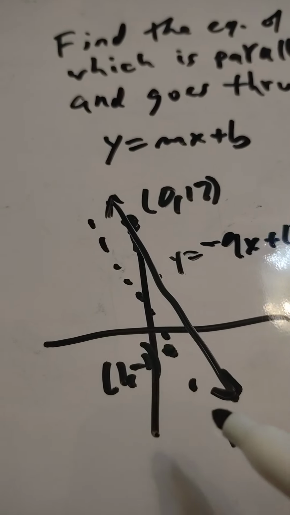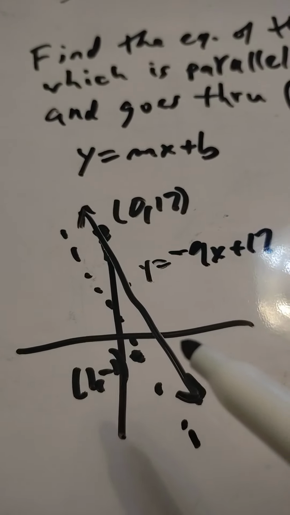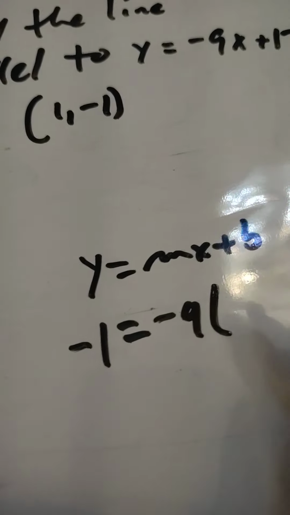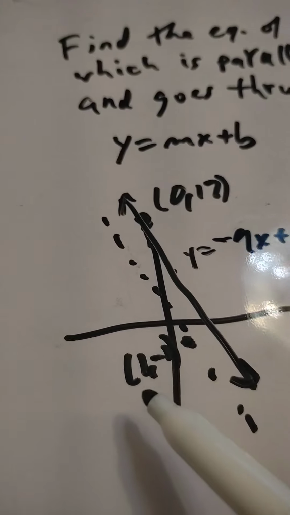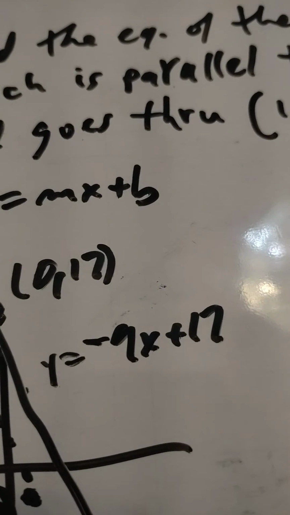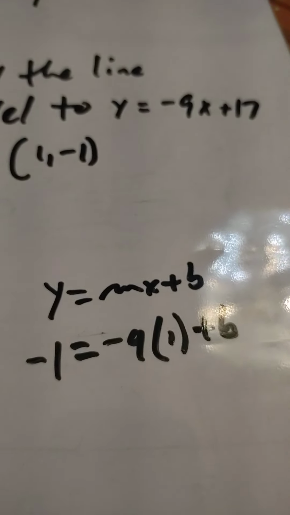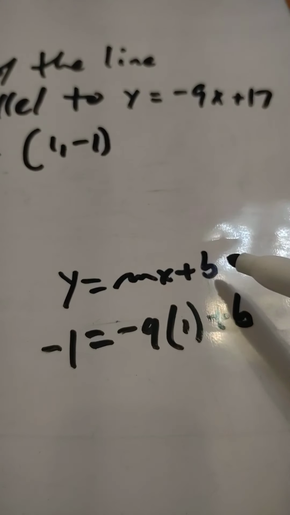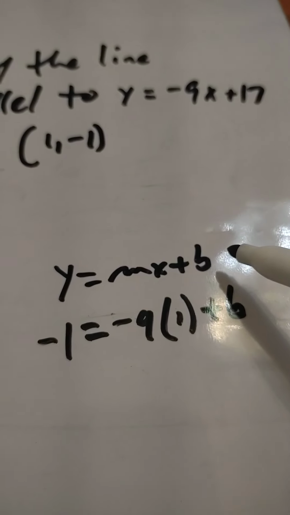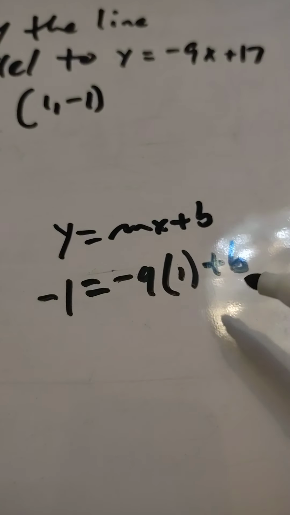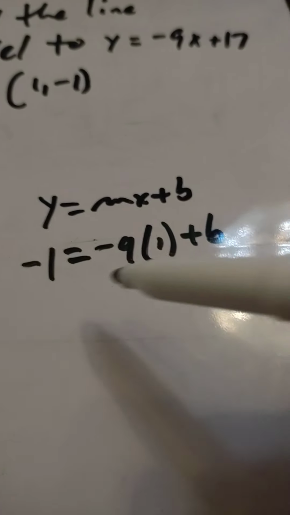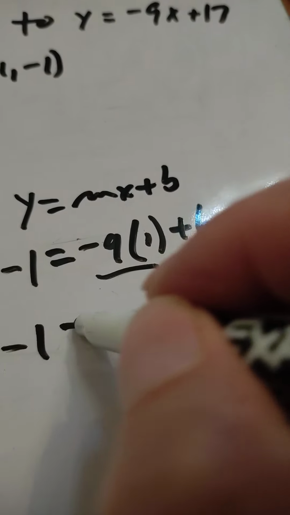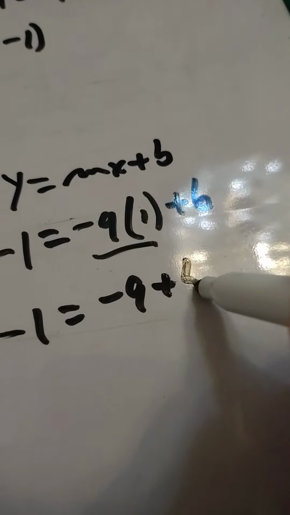What's the slope of this dotted line? It's the same slope as the given line, -9. So I'm going to write negative 9. What is x going to be? The x-coordinate, which is 1, plus b. Notice I wrote down the beautiful slope-intercept form of a line. It's a good thing to lean on. First step, fill in for all the variables but b. Next step, immediately multiply those two factors. So we get negative 1 equals negative 9 plus b.